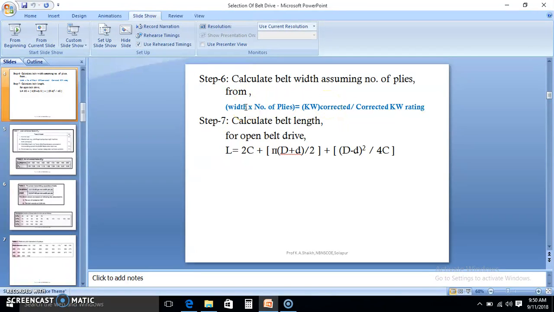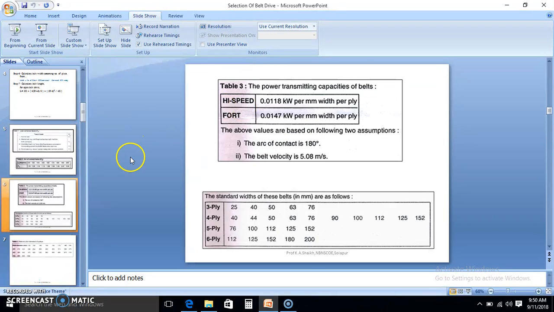Suppose this width is 151 mm. Now the available size is 152 mm. So now you can select the width of the belt as 152. So our flat belt will be of width 152 mm and 5 plies.